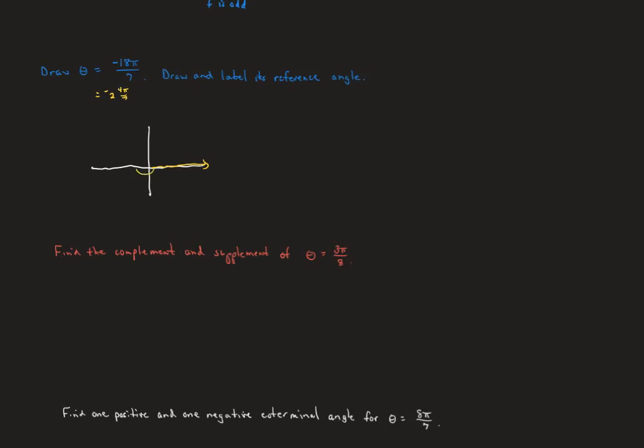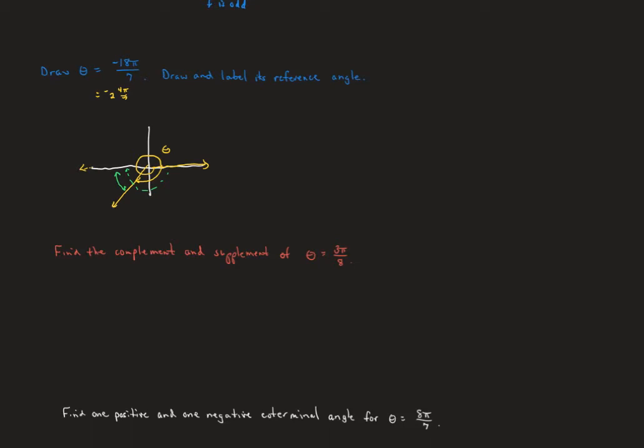So here a negative 2 pi is one full circle. Now, if I went all the way to here, that would be a negative 3 pi. So 4/7 is going to take me somewhere over here into quadrant 3. And so this is going to be the terminal side, and this is our angle theta. Now our reference angle is going to go to the nearest x-axis, and so we know that if we went all the way to here, that would have been a negative 3 pi.